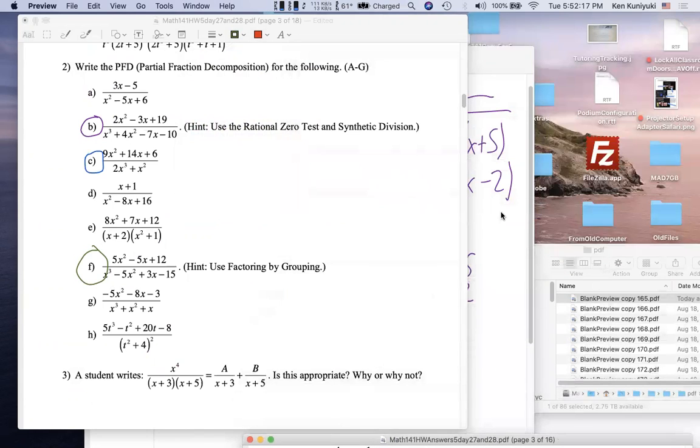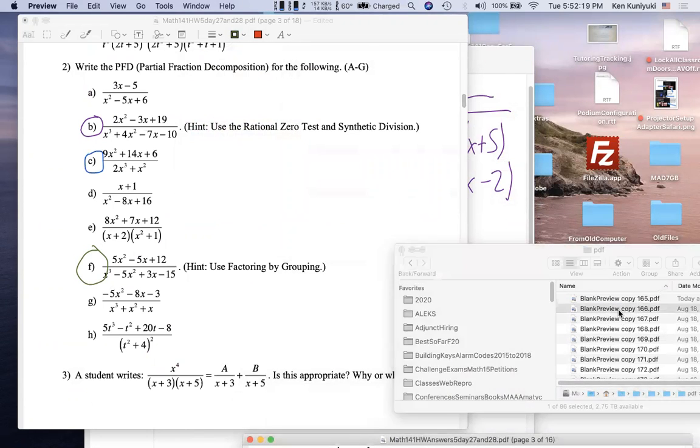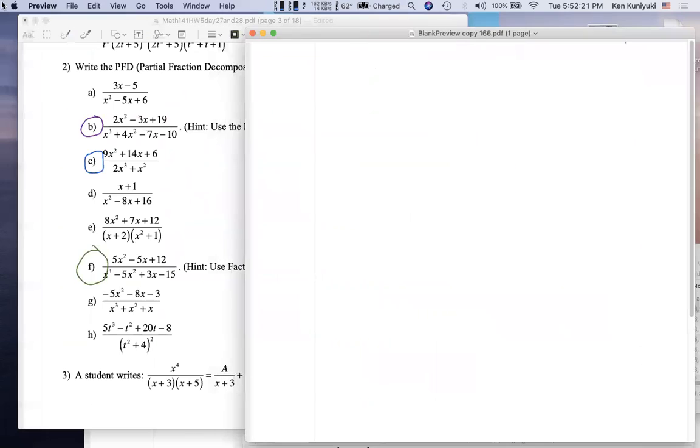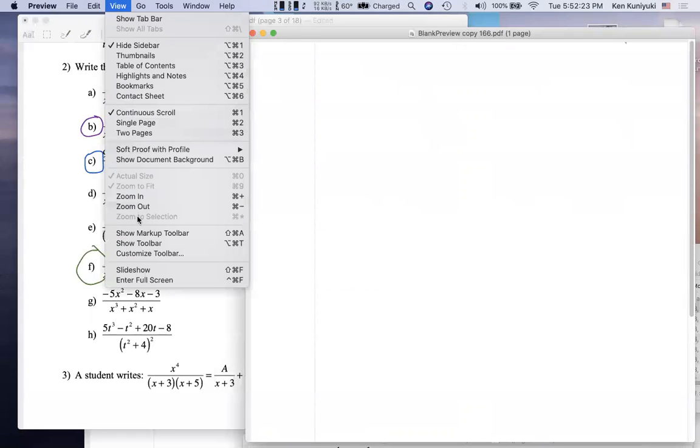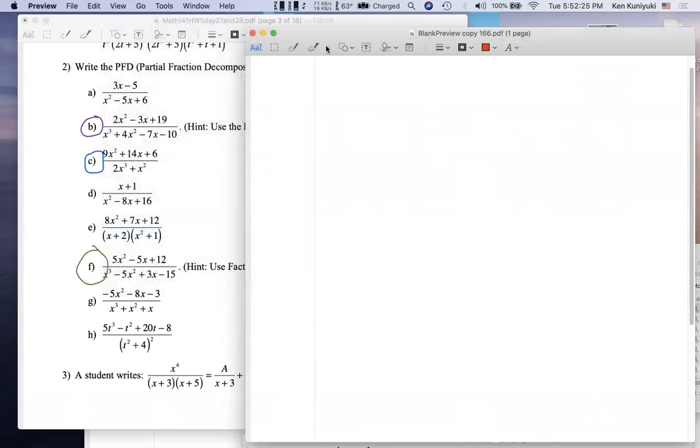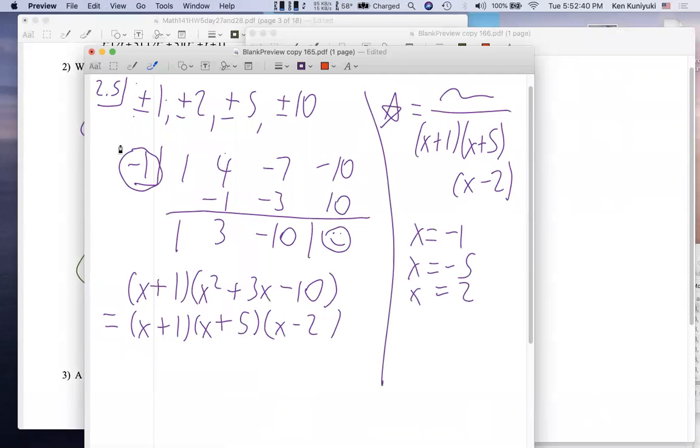Okay, so let's get a new whiteboard for this one. Again, let's begin with factoring the bottom, the denominator. Over here, this was B, right?